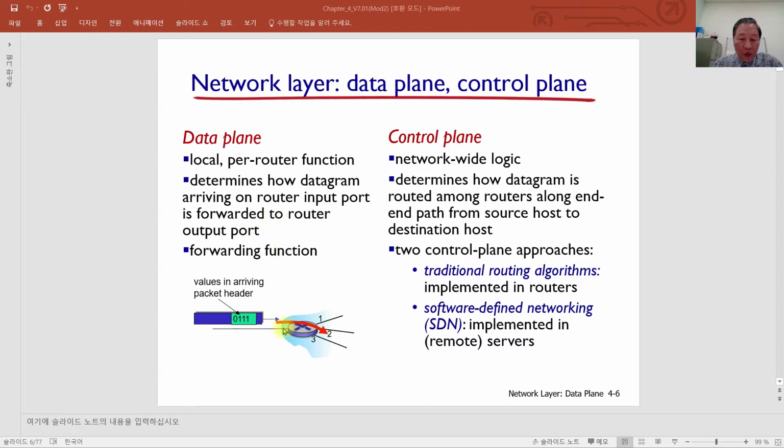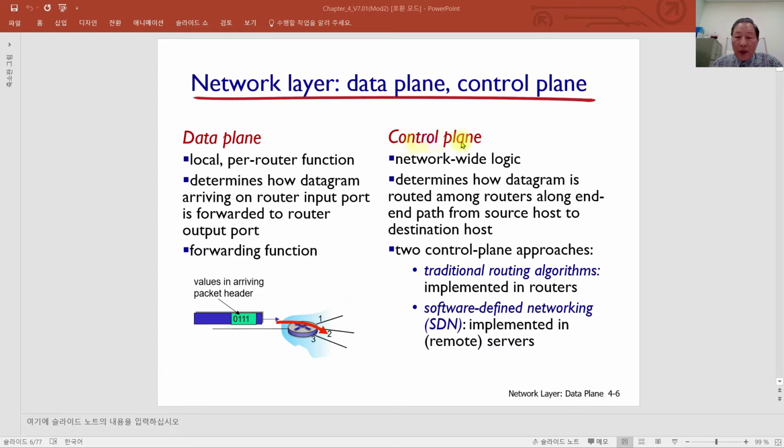This is the router input port, and for the final destination, it may go out to link 1 or link 2, depending upon that final destination. This is called the forwarding functionality, like our interchange on the expressway.